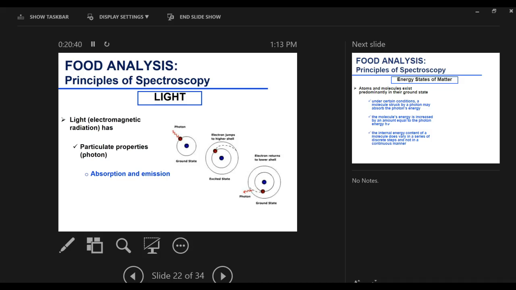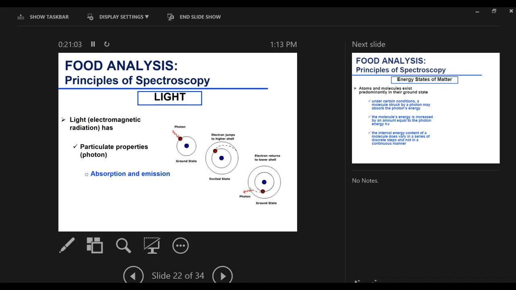So when an atom in a molecule or a singular atom absorbs a photon of light, it's going to jump to an excited state. Okay? It won't stay there. It will eventually go back into its ground state. It can do that by two mechanisms.